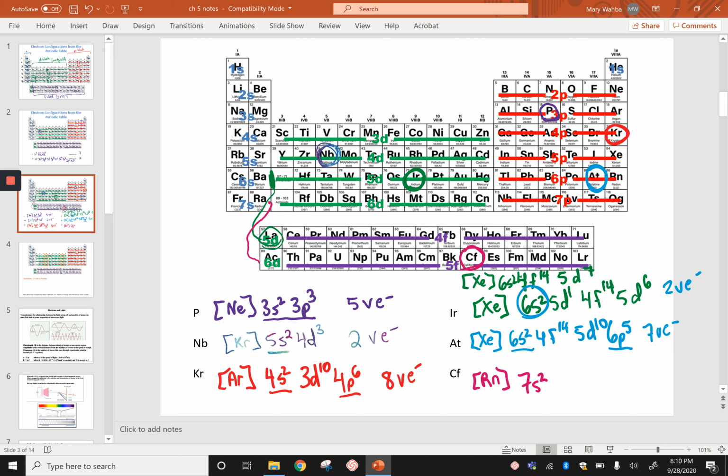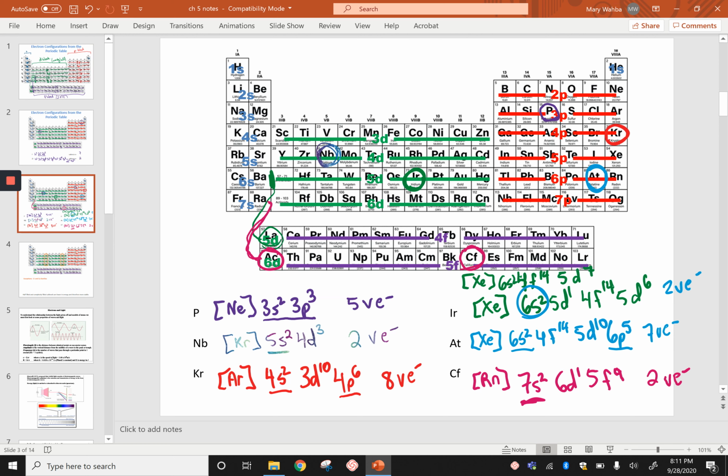And then after the 7s2, so we go here, we find a 6d1. And then we see 5f, and there's 1, 2, 3, 4, 5, 6, 7, 8, 9. So 5f9. My valence electrons, my highest energy level is the 7th energy level. There are 2 valence electrons.